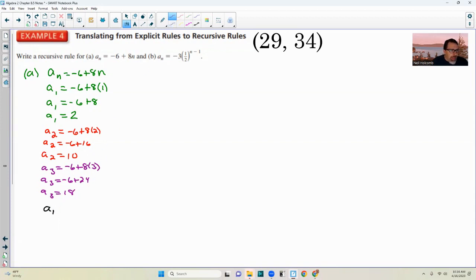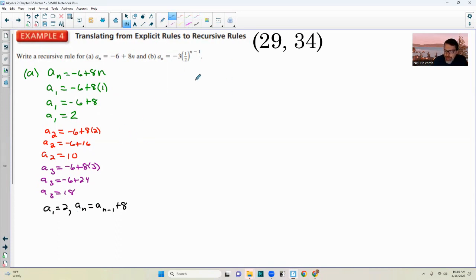So a sub n equals, actually you want to say what your first term is first. A sub 1 equals 2, comma, a sub n equals a sub n minus 1 plus 8. Okay, so there is the rule for A.